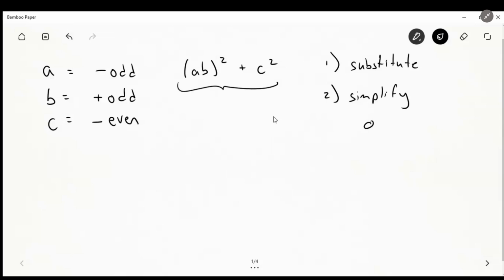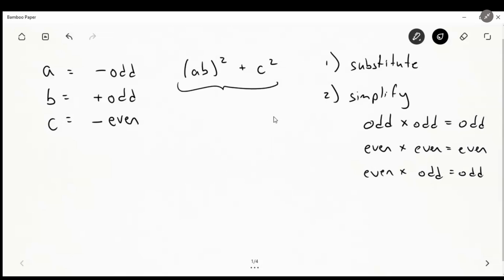So we know that an odd number times an odd number is an odd number. We know that an even times an even is an even. An even times an odd is an odd. Actually, no, it's an even.